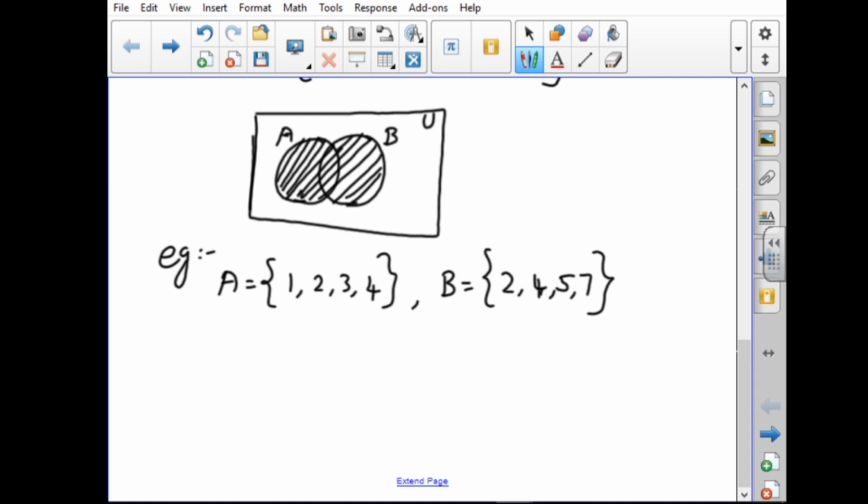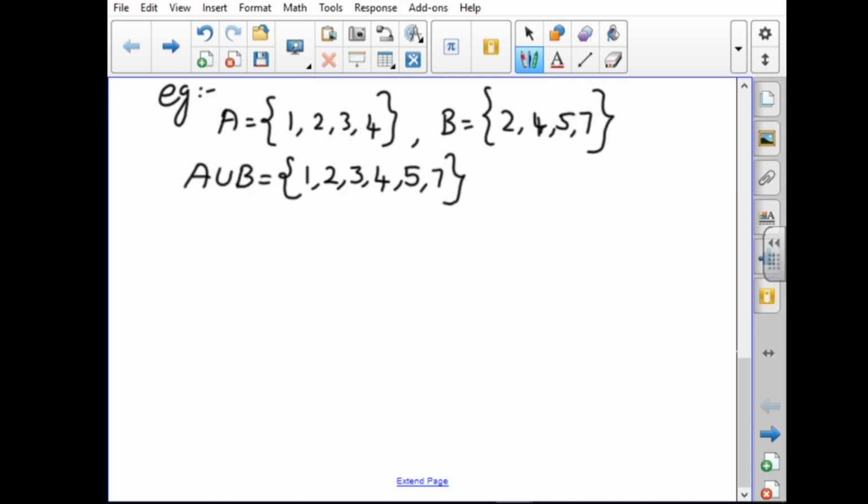Now we are going to find A union B. Union means either in A or in B or in both. So you write the elements 1, 2, 3, 4. 2 already exists, so no need to write again. And 4 also already exists. So our next ones are 5, 7. This is A union B.